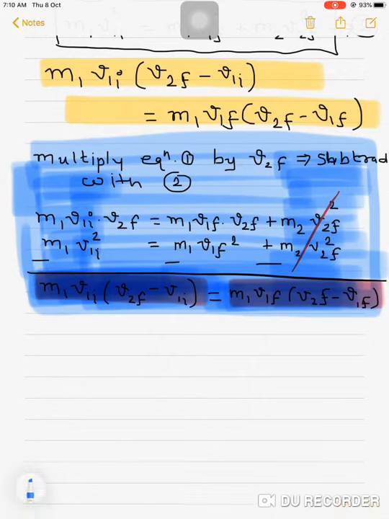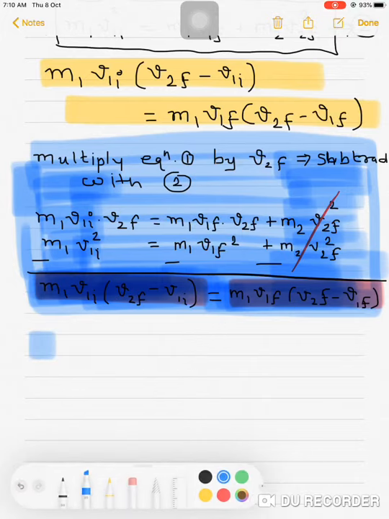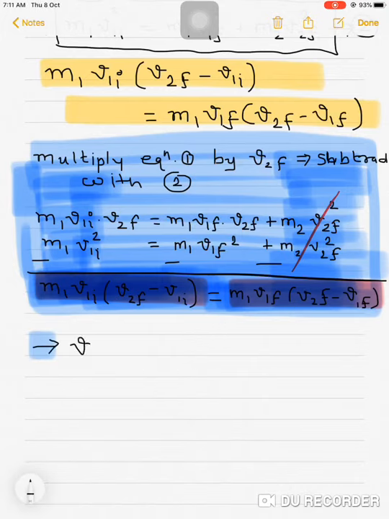We can write V2F into V1I minus V1F is equals to V1I square minus V1F square. I will leave it to you to solve.